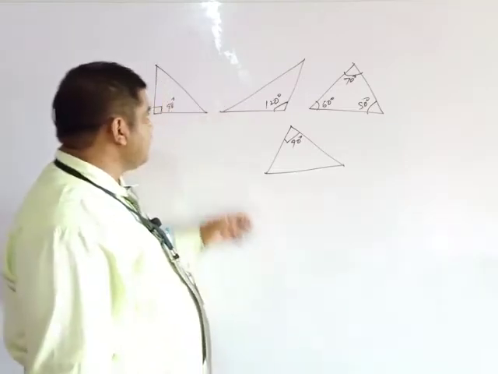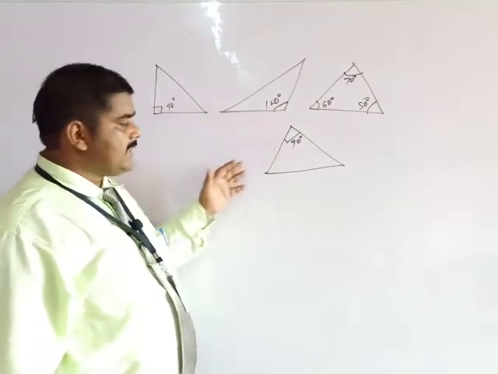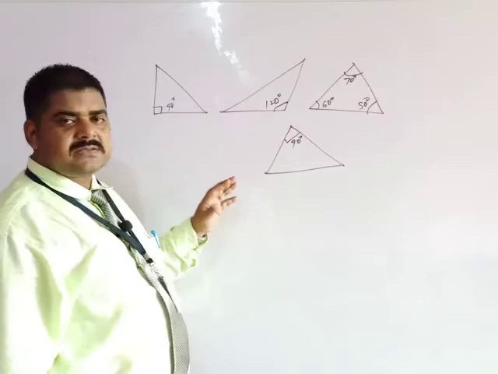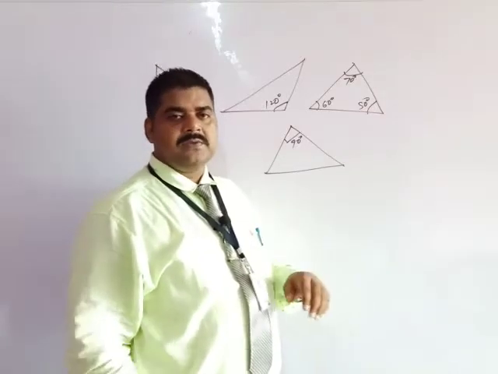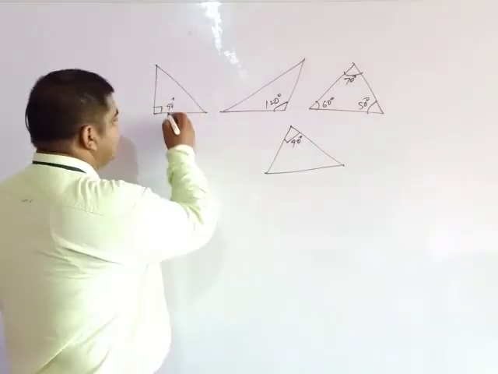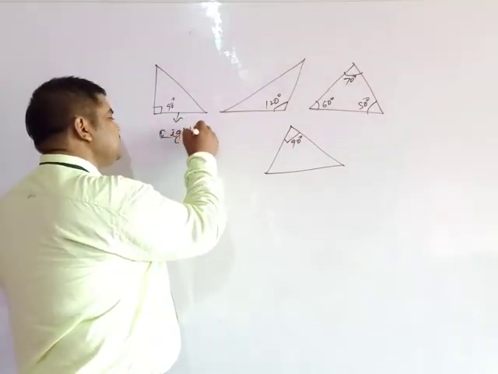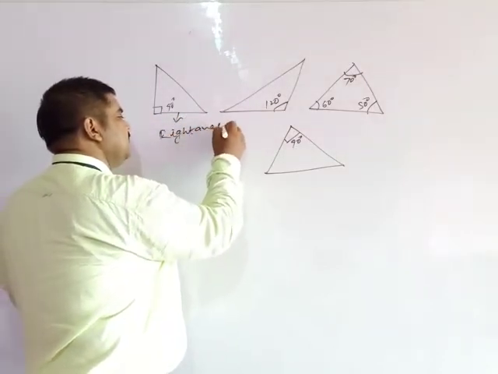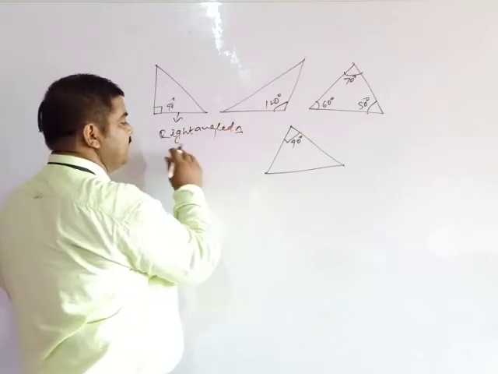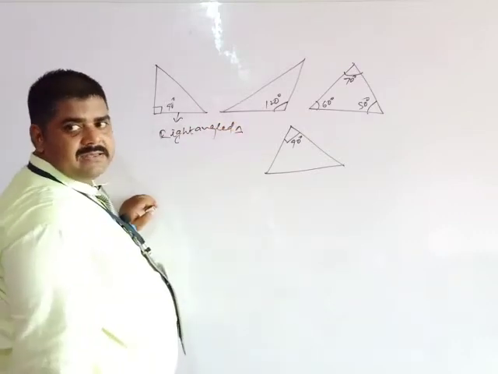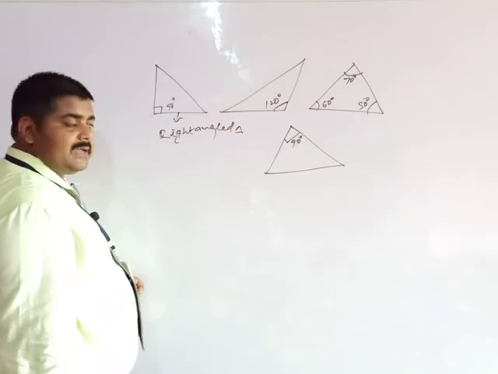My dear student, you can see that these are some examples, and you have to find out which type of triangle each is. Actually, one angle is 90 degrees, and this is why it is a right angle triangle by definition. If one angle is 90 degrees, then it is known as a right angle triangle.